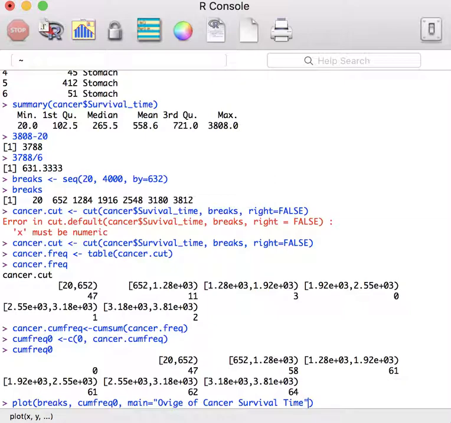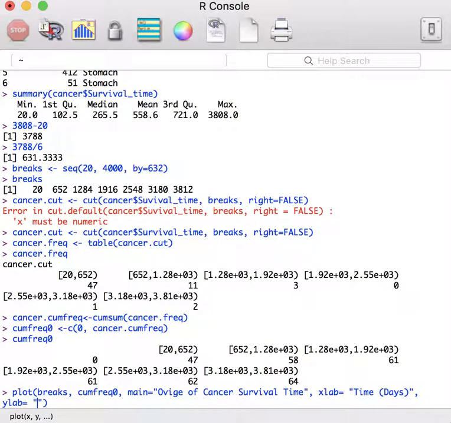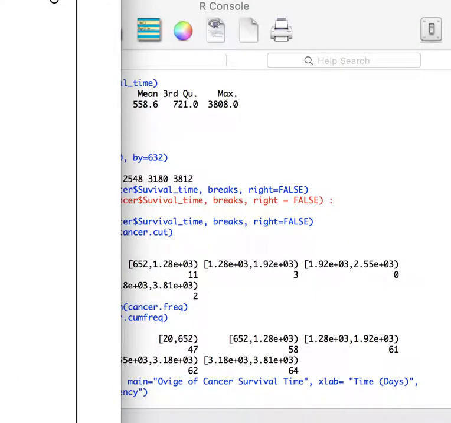And you might want to put in your own X label, which is time in days, and your Y label. In this case, these are cumulative frequencies. All right, and then just hit enter, and it will plot it up.